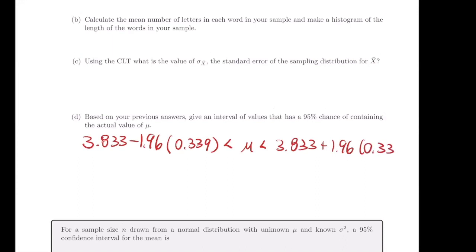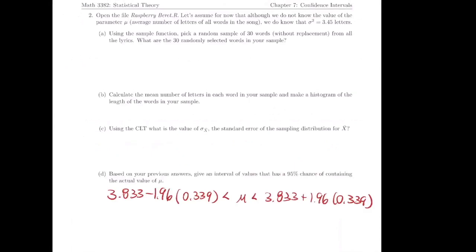The important thing here is we're not using the population standard deviation. We're using the standard error, so we're finding the standard deviation of the sampling distribution. For me, that came out to this.